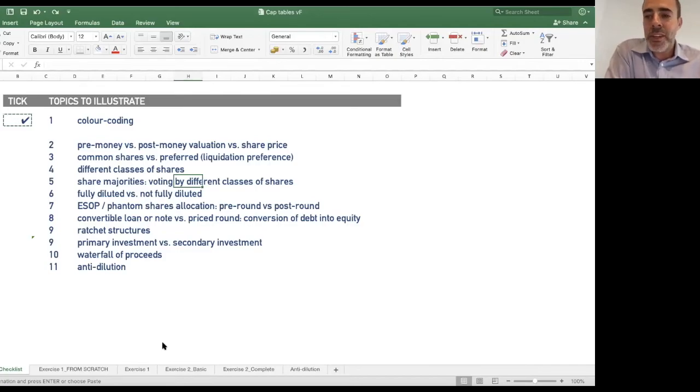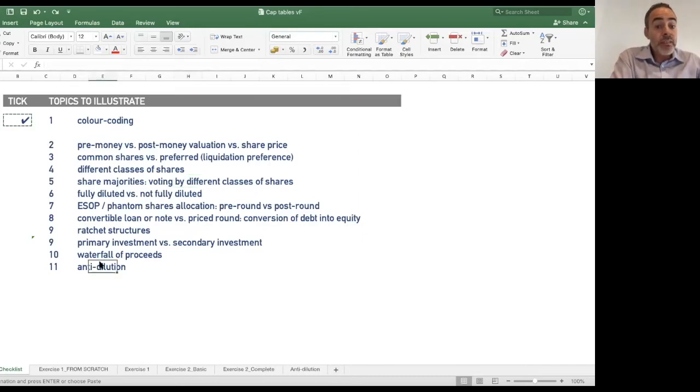Private equities are very good with that, and when they invest in profitable companies, it's very, very common to include this type of arrangement and ratchet structures, etc., that guarantee a certain return for investors. Yeah.